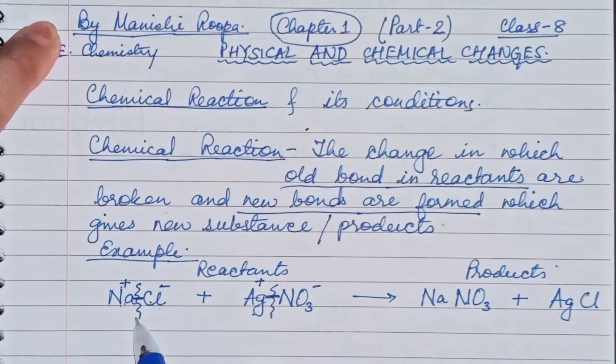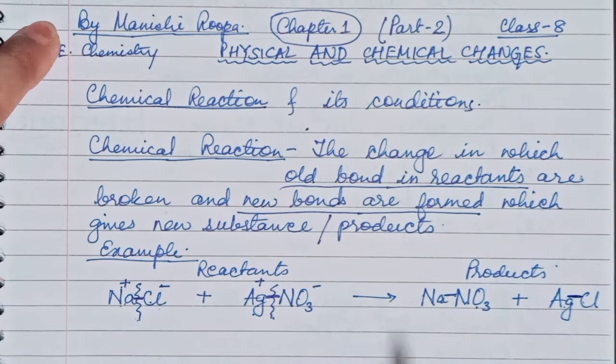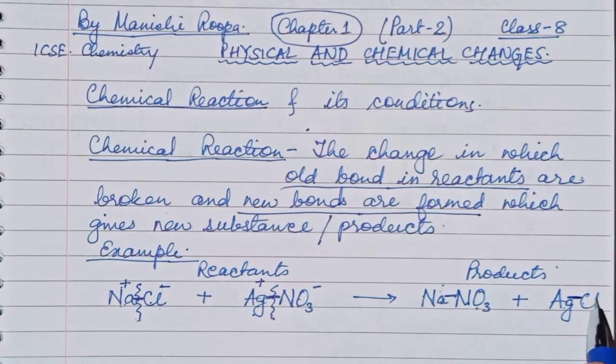So after the reaction, a new bond is forming between sodium and nitrate, and silver and chloride ion. Here the old bond has been broken down and a new bond has been formed between sodium and nitrate. There is no charge on this new compound because it is now in the form of a compound.